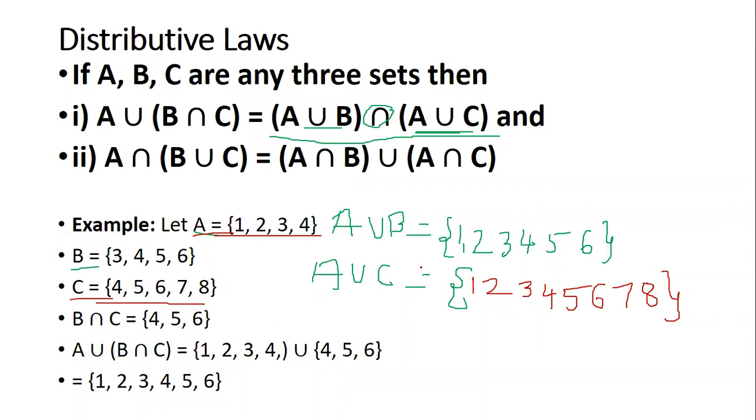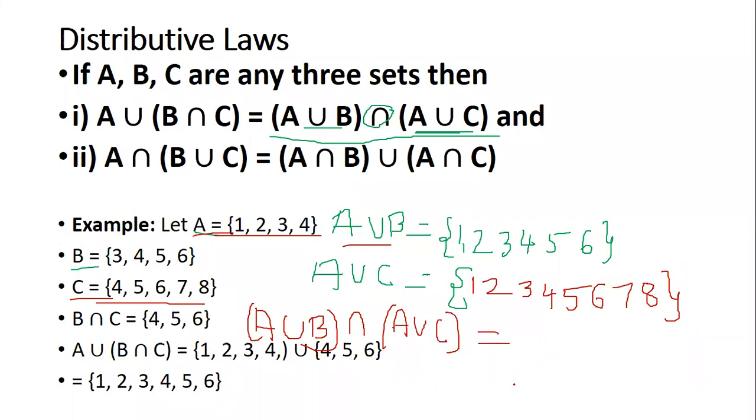Now what is the next step that we are supposed to do? What are we supposed to find in between these two sets? Intersection. Good. So we are supposed to find out A union B intersection A union C. Okay.